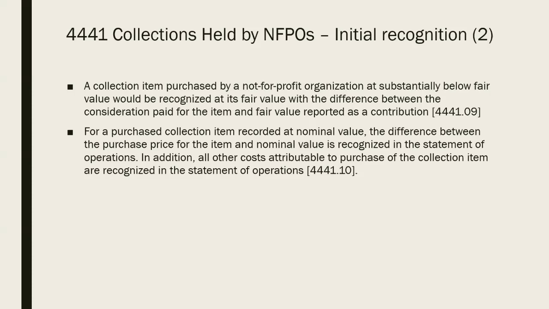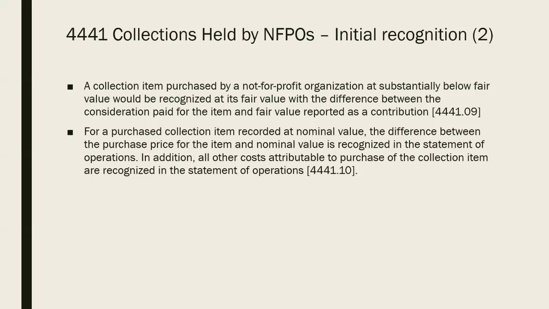So say we purchased a 40,000-year-old set of something, human remains, let's say some bones and so on, from a company, let's say for $100,000, but we don't know what the true value of those items is. So we chose to record the item at a nominal value of $1.